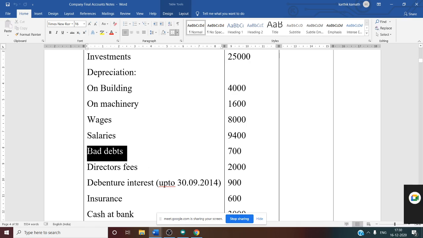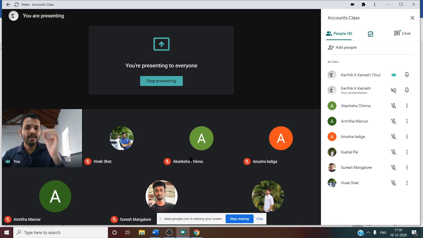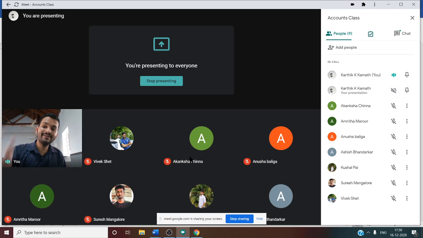Next thing, bad debt. Where will it appear? We can say it appears under working note number 30. It is one type of other expenses. So in the profit and loss statement, bad debt is shown under working note 30, other expenses.